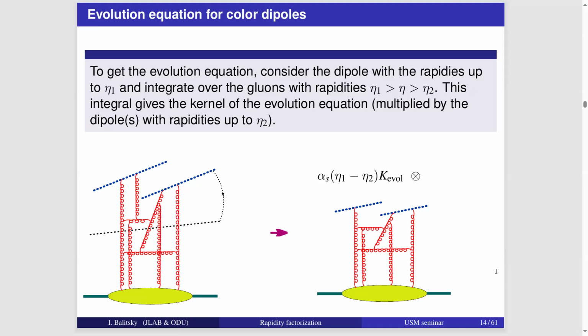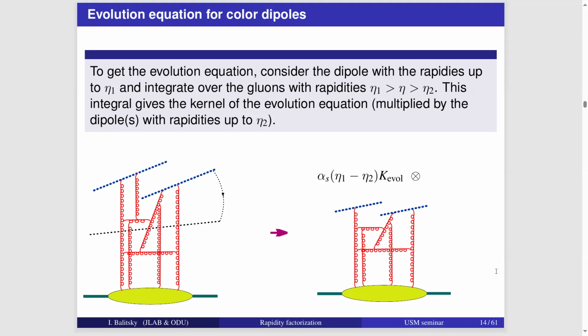Why Wilson line? Because the rapidity eta 2 is still very different from the target rapidity, so these gluons perceive the target as Wilson lines. It reduces to a Wilson line operator. And the result of integration over this region of rapidity gives you the evolution kernel.